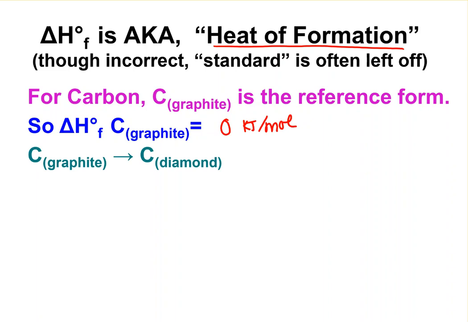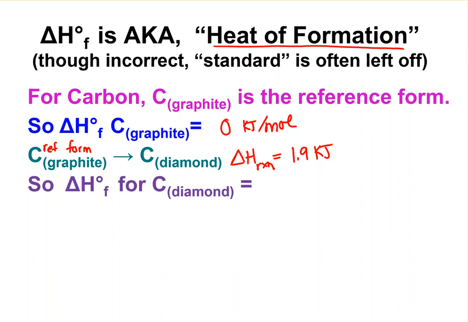If you consider the reaction to take this carbon, the reference form, and make diamond, this takes some energy. For the reaction it's 1.9 kilojoules. So the heat of formation for diamond is 1.9 kilojoules.